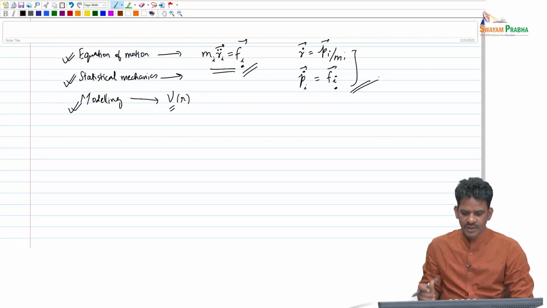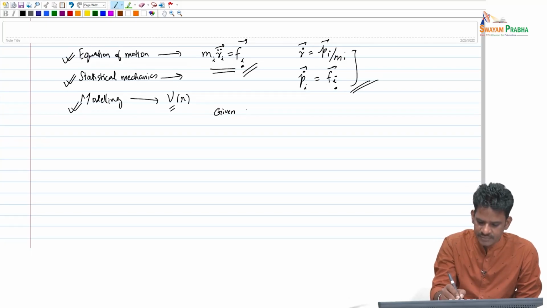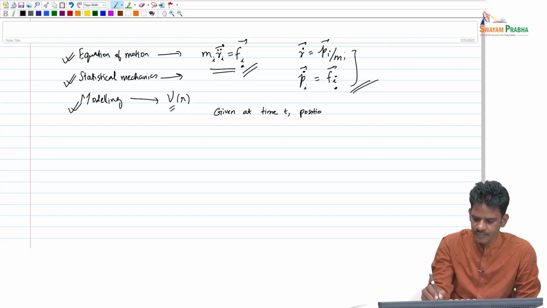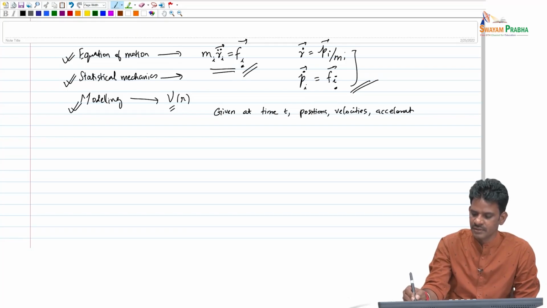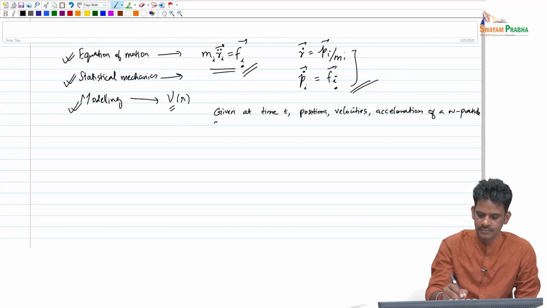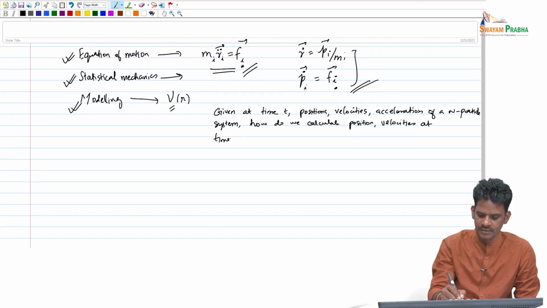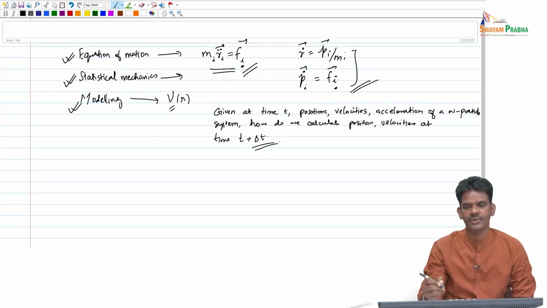Suppose I know, given that at a time t, the information such as positions, velocities and accelerations of an n particle system, then how do we calculate positions, velocities, etc. at time t plus delta t? Okay, so that is a question that we want to answer.